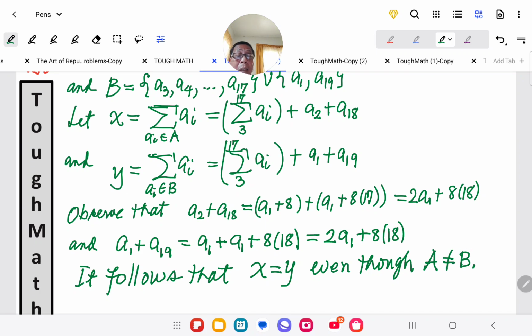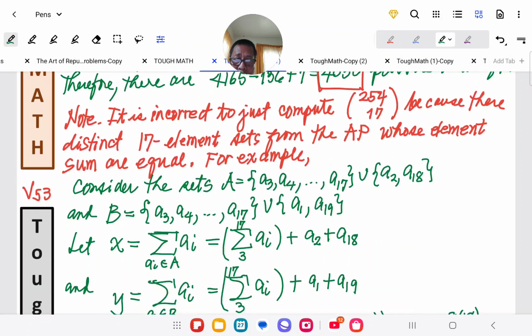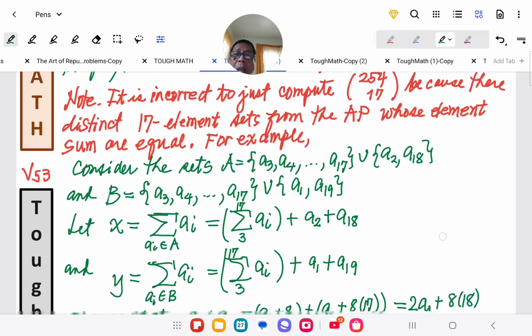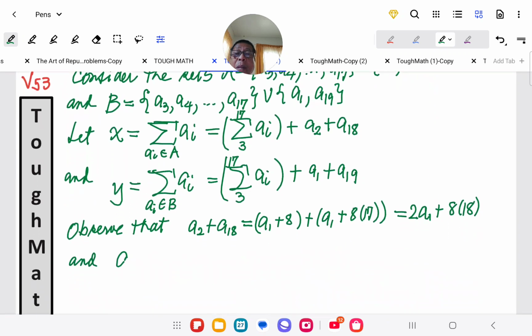So that's the reason why it is incorrect to just compute 254 taken 17 to be the number of possible sums of any 17 element subset of the arithmetic progression.